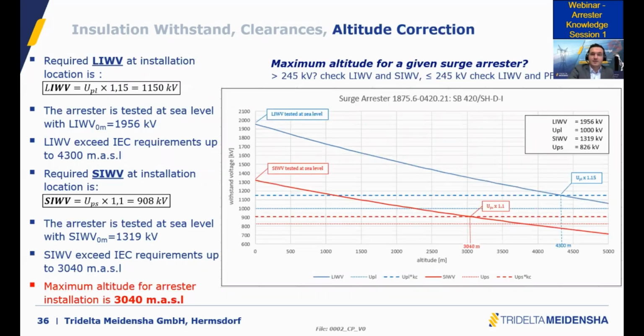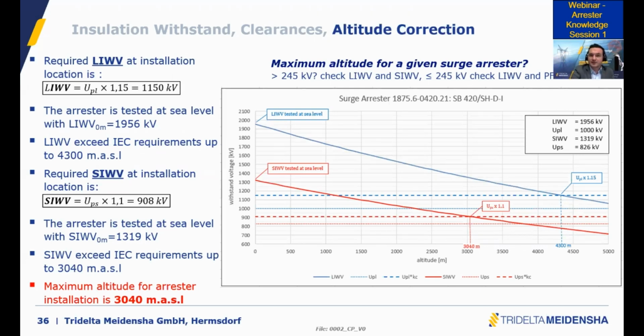Now we can have a different approach for similar arresters. What we are trying to do here is to take a typical arrester configuration, with a normal creepage distance, a typical configuration that you can find in a catalog, and look at the maximum altitude for a specific design.